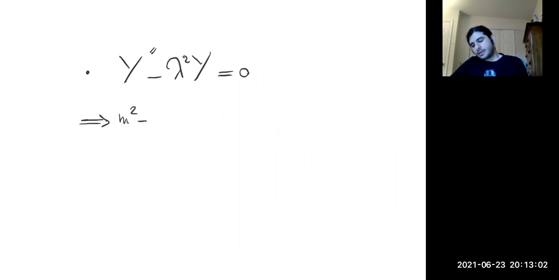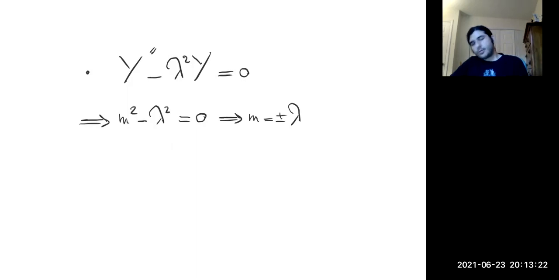What does that mean? We had this equation, the second derivative of y minus lambda squared y equals 0. The characteristic polynomial was m squared minus lambda squared, so this would be equal to 0. Therefore, m would be plus minus lambda.